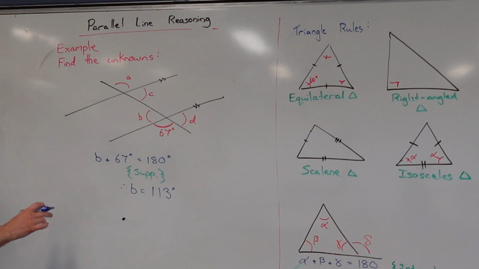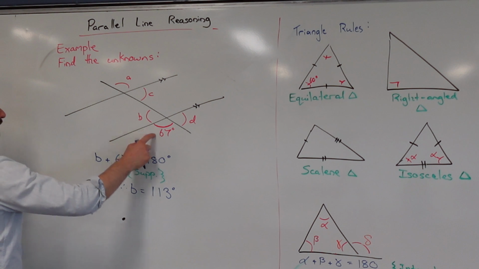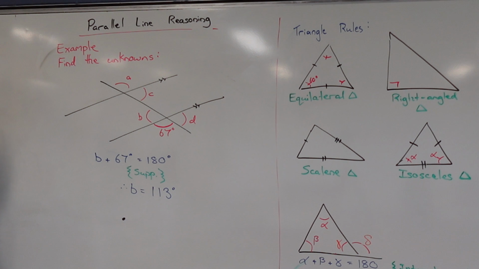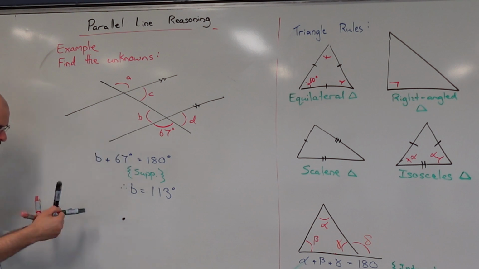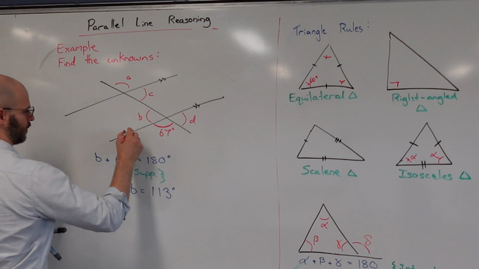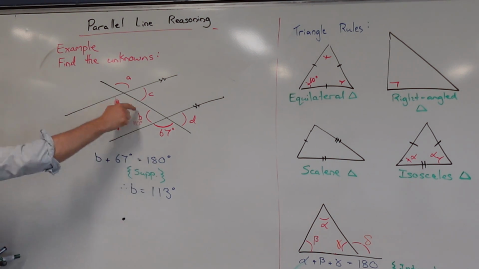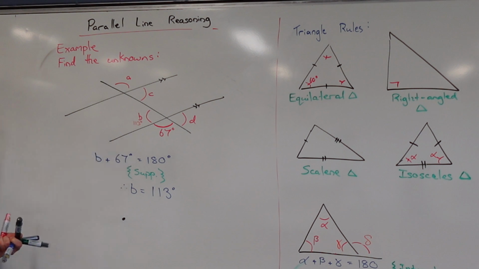Alright, next one. What angle could we solve here? Solve for C. What's the relationship between this angle and this angle? You know what B is, so we're allowed to use it if we want. How can we relate B to C? They're corresponding angles.